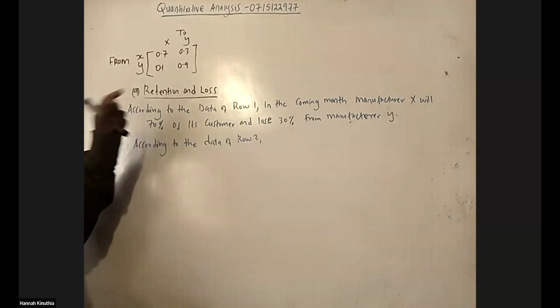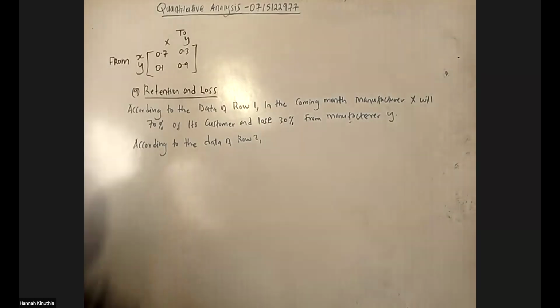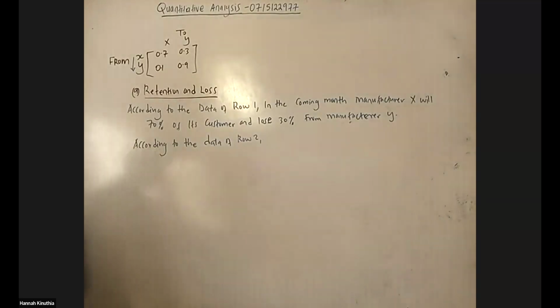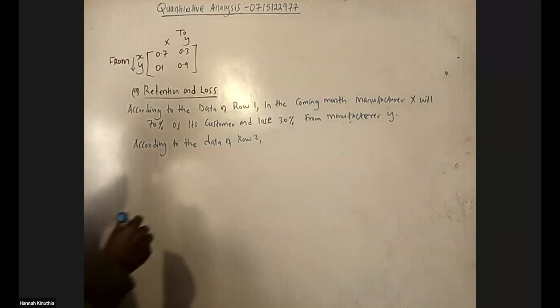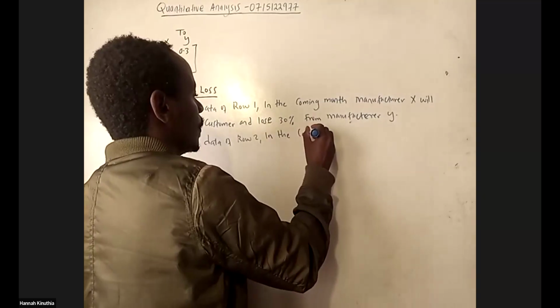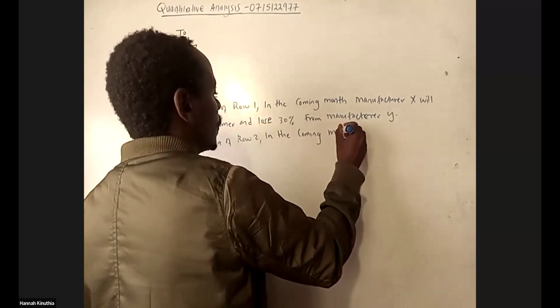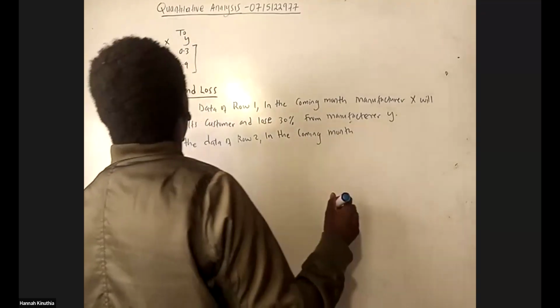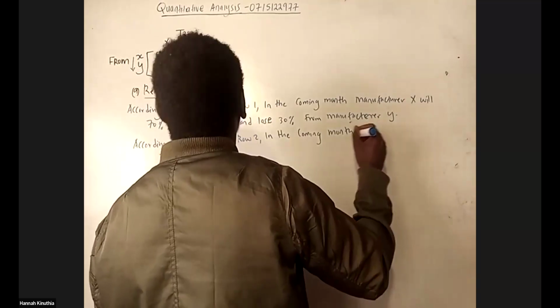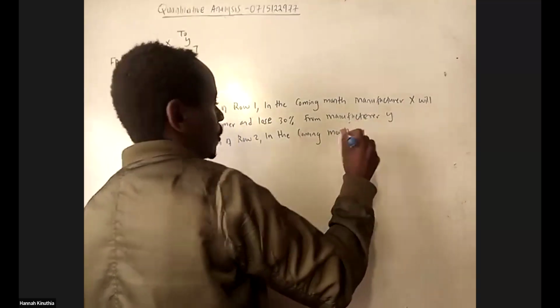So we have come from X, we go down to Y. According to the data of row 2, what can we say? In the coming month, manufacturer Y will lose what? Y retained 0.9 and lost 0.1 to X.